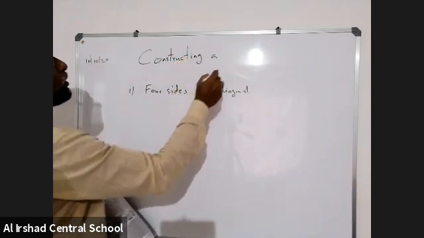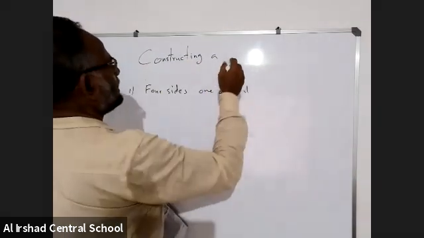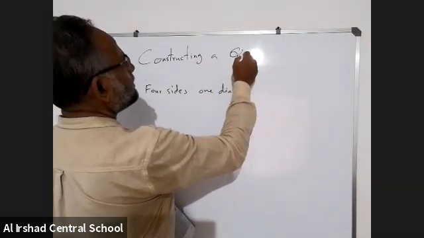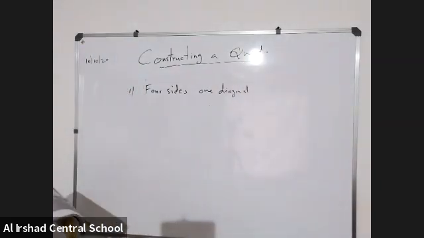Constructing a quadrilateral. Our heading is practical geometry. Now constructing a quadrilateral. First one. 4 sides and 1 diagonal is given.